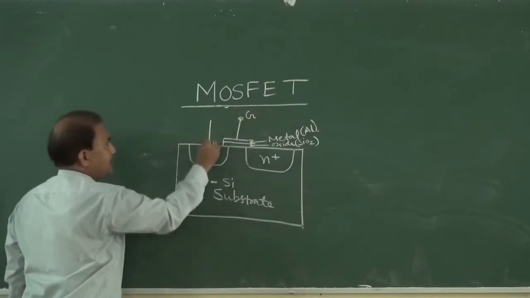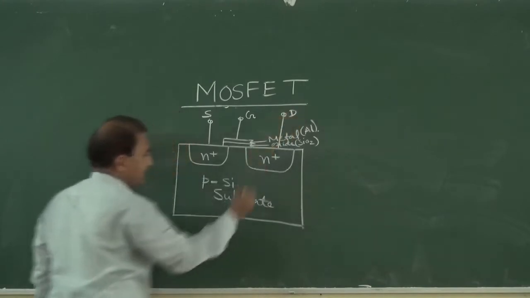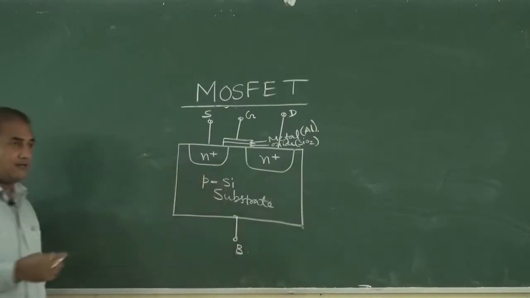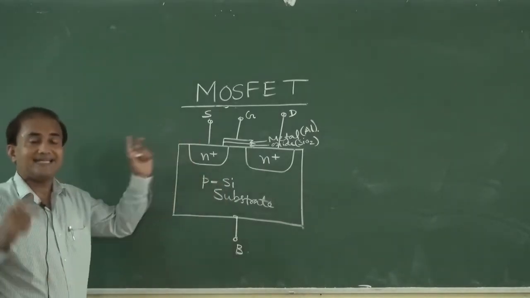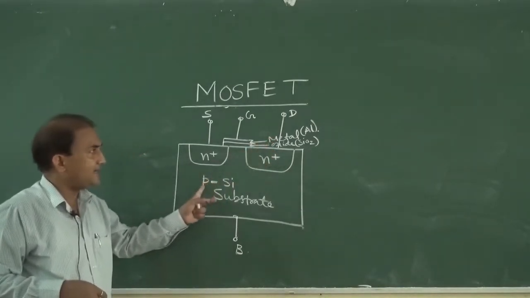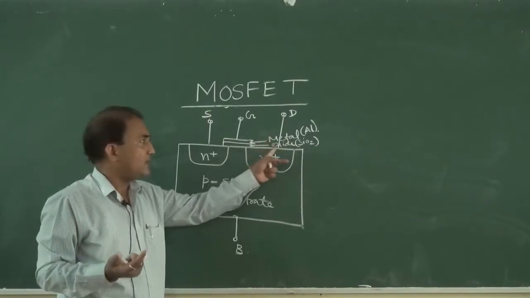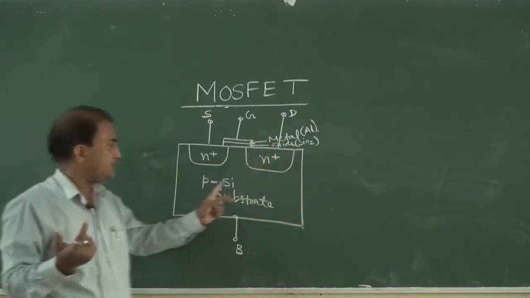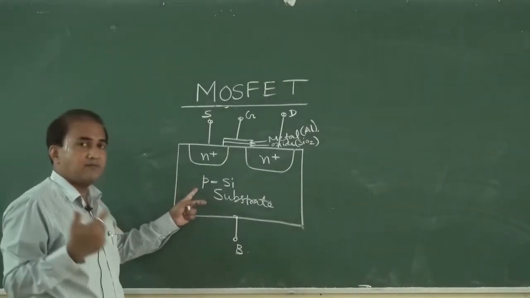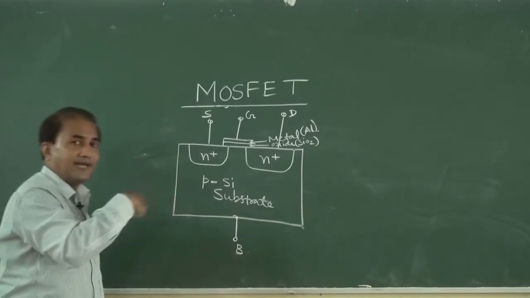This is the gate terminal, this is the source terminal, this is the drain terminal, and this is the substrate or body terminal. The 3 layers are metal, oxide and semiconductor. Metal is generally aluminum or polysilicon, the oxide is SiO2, and the silicon used in the substrate may be p-type or n-type depending upon which type of MOSFET we are using.